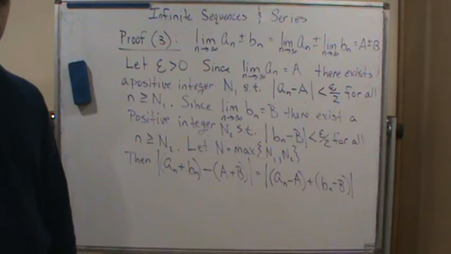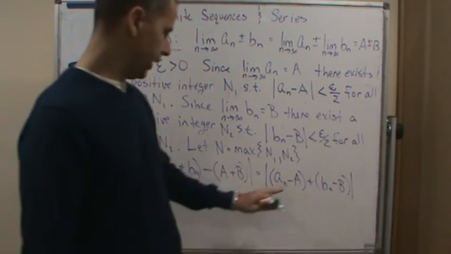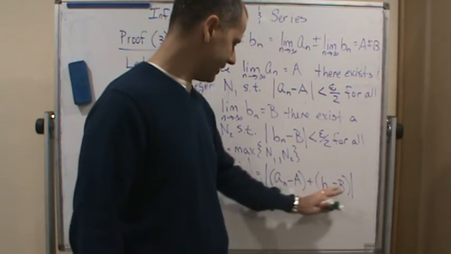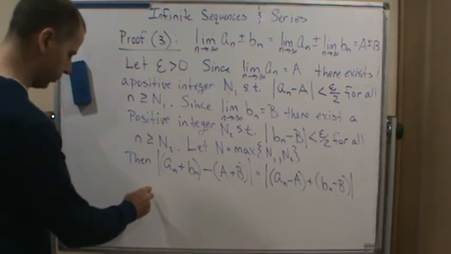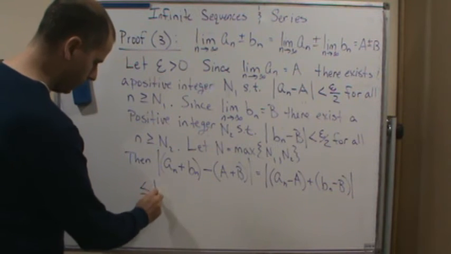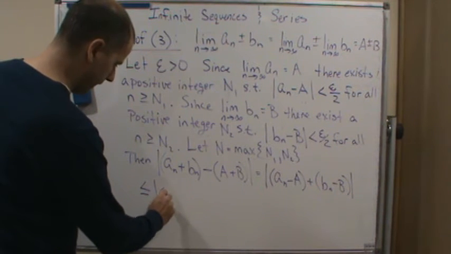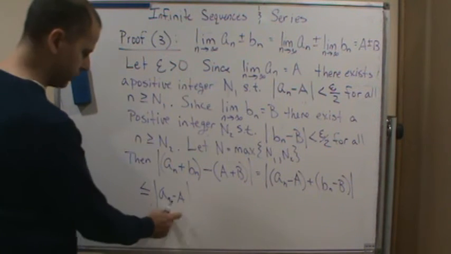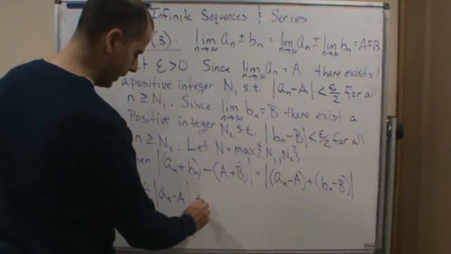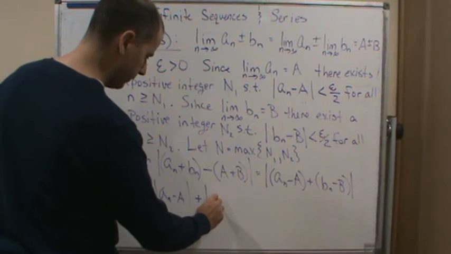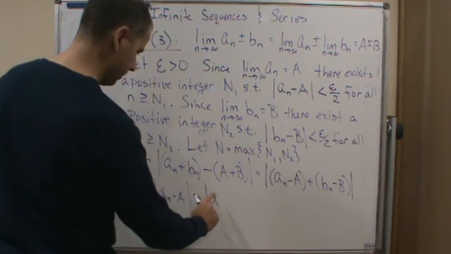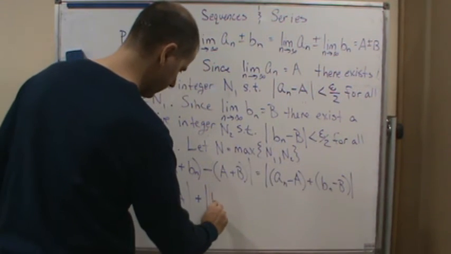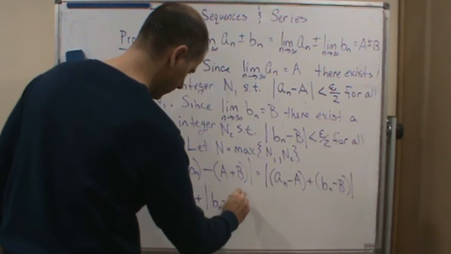Now this is where the triangle inequality comes in, because for absolute values, the triangle inequality says that this sum is less than or equal to the absolute value of a sub n minus a plus the absolute value of b sub n minus b.